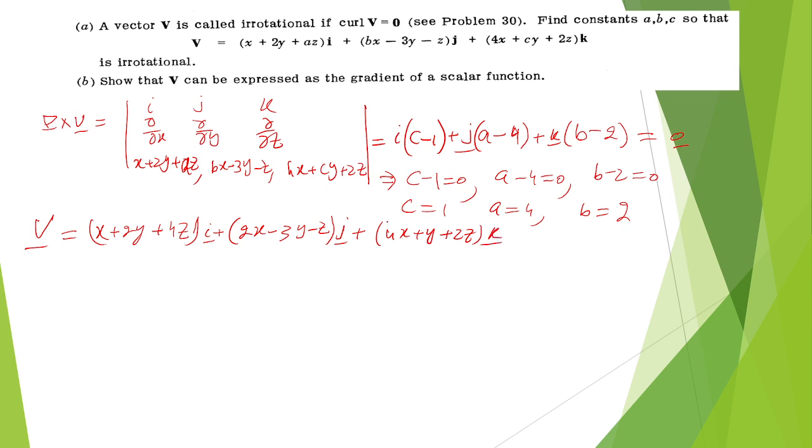So this V is irrotational, meaning its curl is 0.